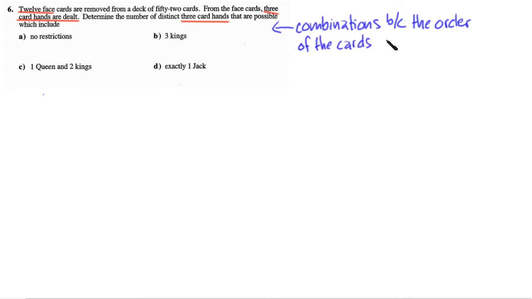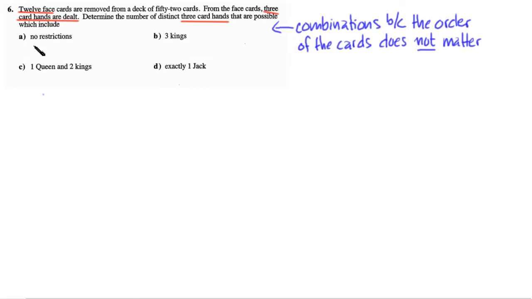So in all of these here, it's going to be combinations, because the order in which the cards are dealt does not matter. So it's going to be a combination.